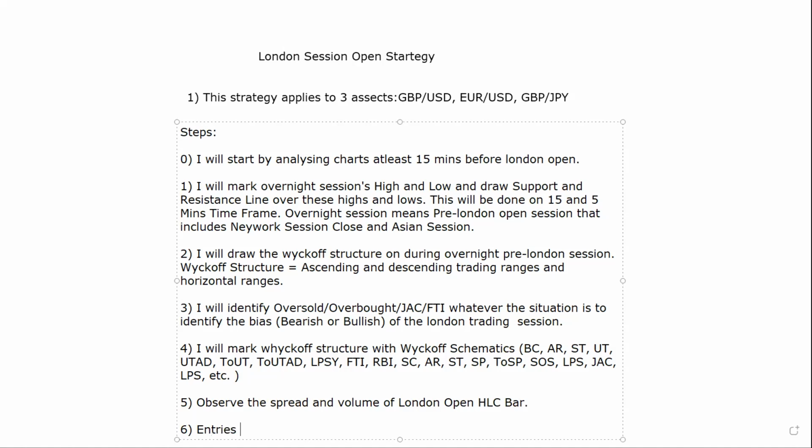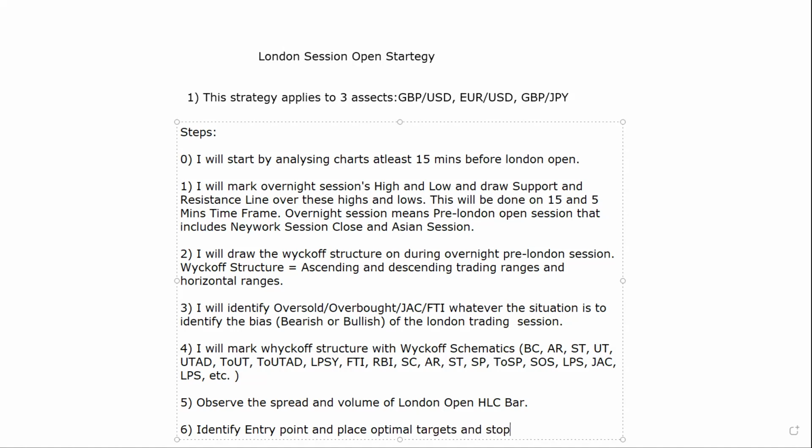Number 6. Entries: identify entry point and place optimal targets and stops.